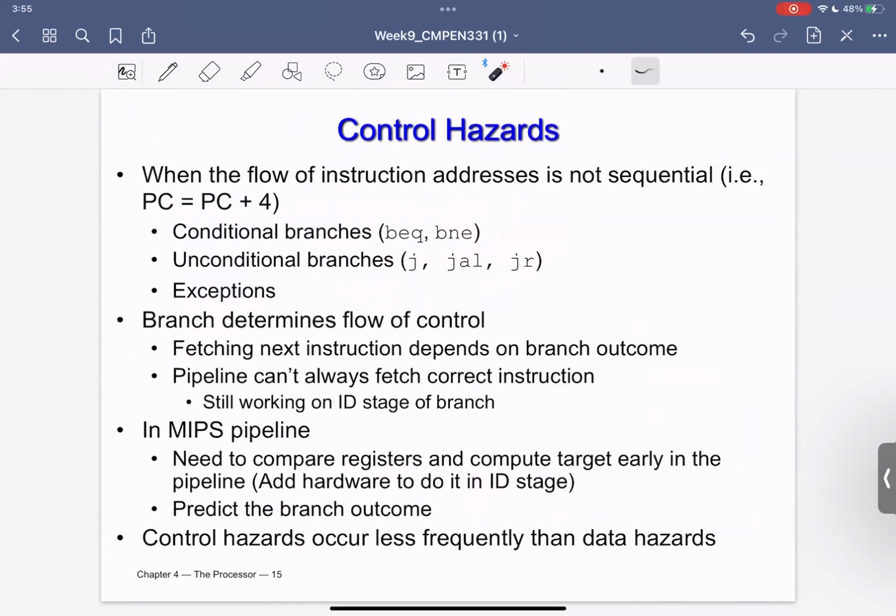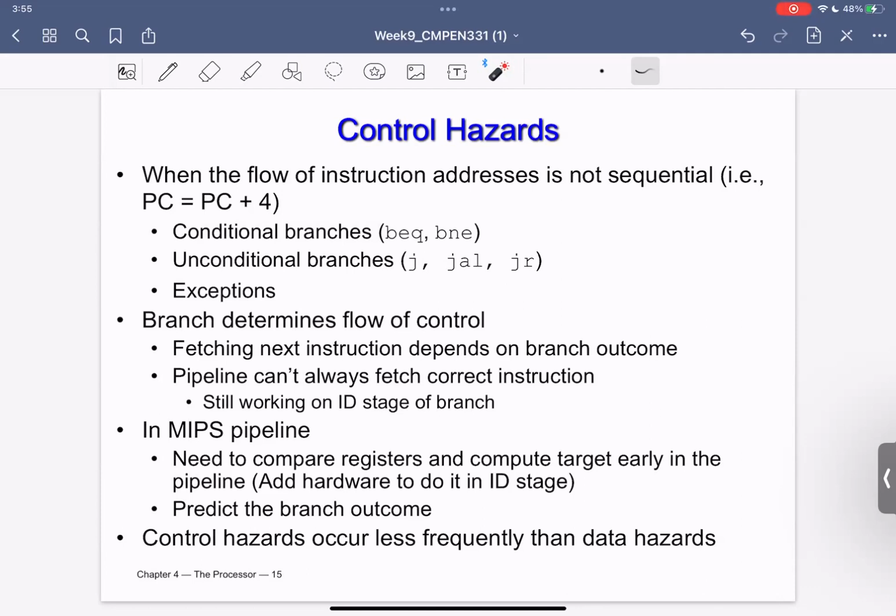Let's try to switch gears to another hazard, which is called control hazards. So what is a control hazard? Usually, as we have seen so far in all the hazards, I'm going from one instruction directly to the one following it. So I'm going from the program counter to program counter +4. I'm just moving from one instruction to the next one directly, correct? But this is not always the case in all of my instructions.